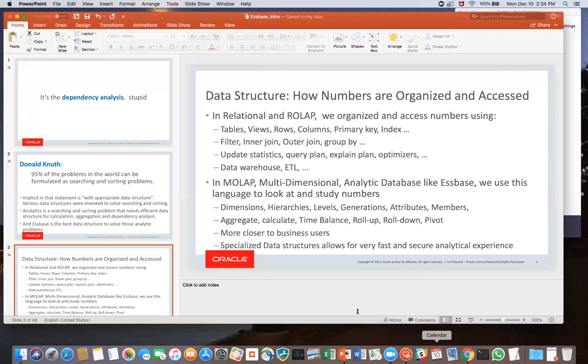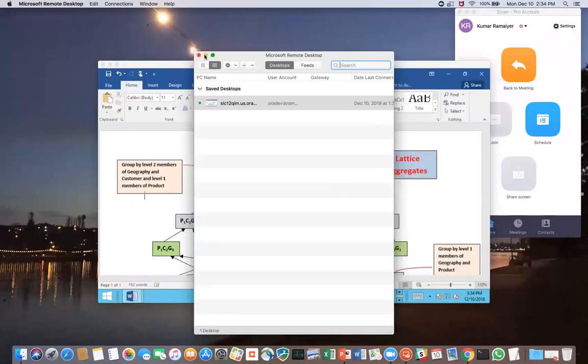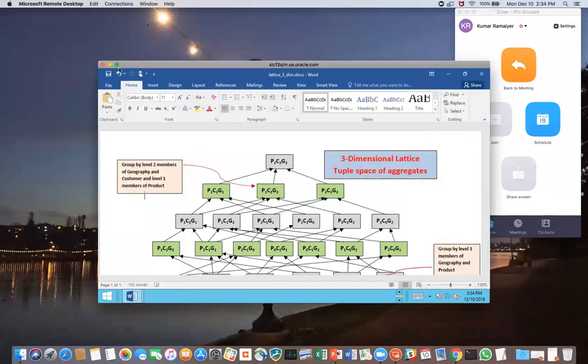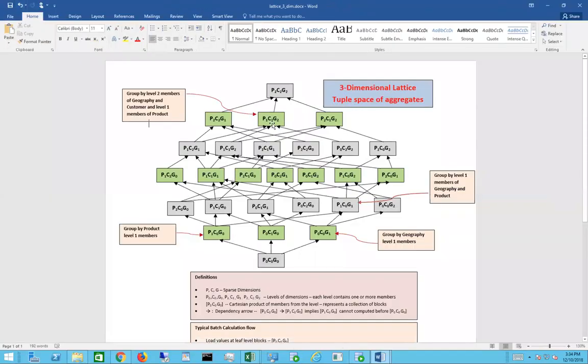If I go back to this data structure, Essbase deeply understands this hierarchy.